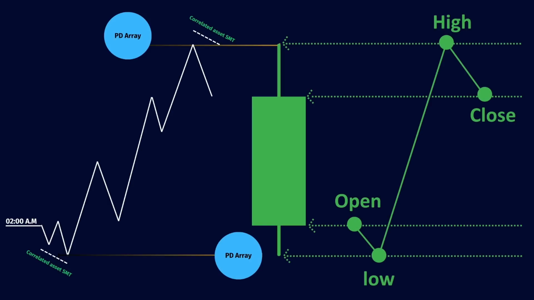Imagine, I don't know, this is Nasdaq, and you can find one SMT here with the S&P or Dow in this week low. The other market doesn't take this low, printing one SMT. And this is your confirmation for this week low printed, because when price is moving to this PD array and prints this SMT, the price is visually bearish.